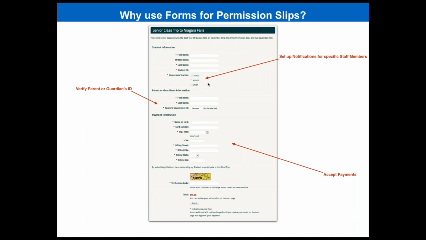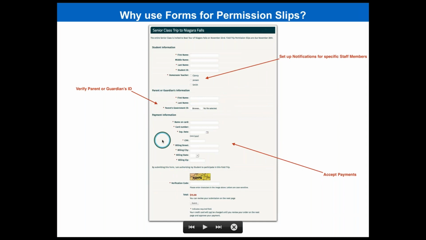For example, if a student is in Mr. Smith's class, we could set it up so that Mr. Smith receives an email notification every time one of his students turns the form in, telling him there's a form he needs to review. We also see the file upload field for the parent's government issued ID, and of course the payment field here as well.